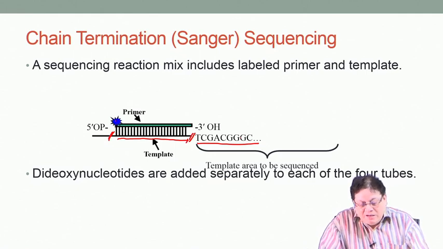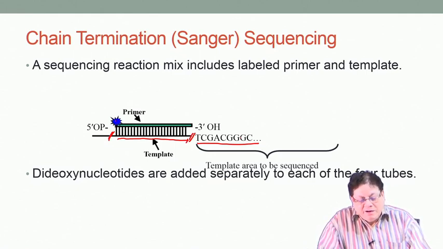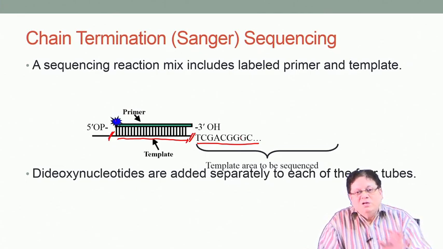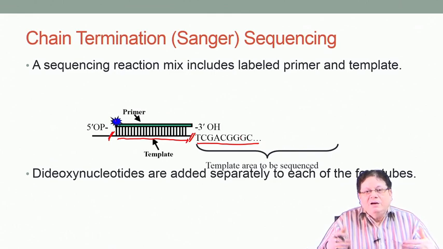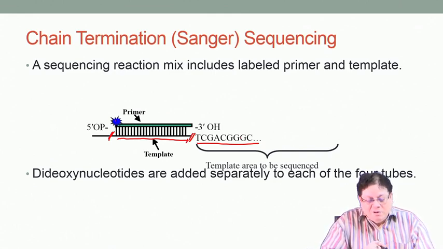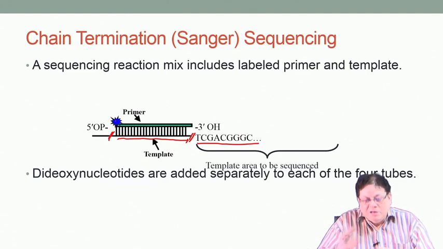You may not understand right now, once I give the example it will be very clear. This radioactivity is needed to know which nucleotides are truncated by taking the dideoxy nucleoside triphosphates, if that is taken.